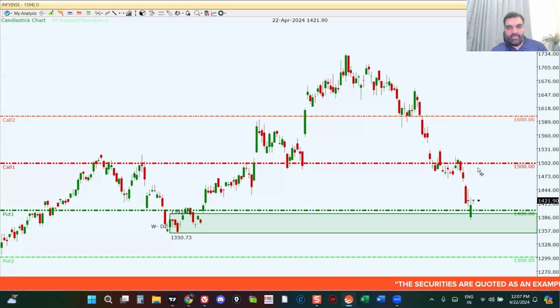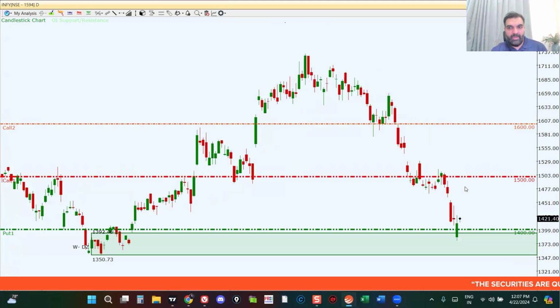And usually what happens is that when prices fall drastically to the downside, all these call writers of 1500 and 1600 are eventually going to book profits on their shorts. When they start booking profits on their shorts, you will see short covering or a very, very strong bounce on that particular stock. So based on the open interest analysis and the concept of demand and supply, 1500 could be the first target where the prices could reach on Infosys.